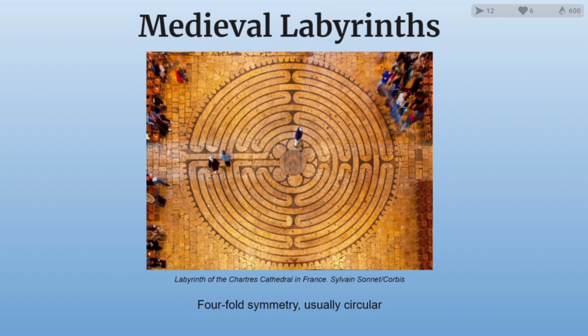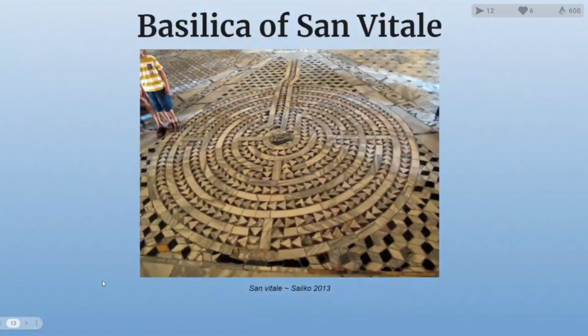You can go here and walk, but only on Fridays and only in the summer. This is another example of it. The basilica. This one is a slightly different pattern, but they again are usually done with mosaic tiles. This one has handy arrows to show you the direction of movement. It is handy, so you can't get lost, even though you in fact cannot get lost in a labyrinth.